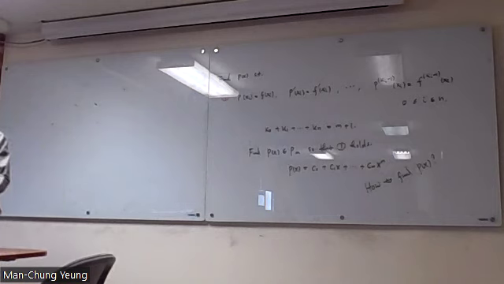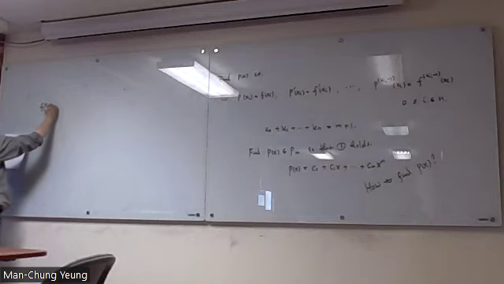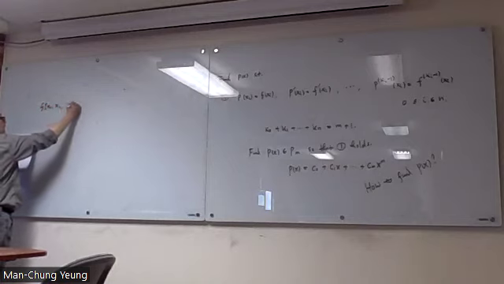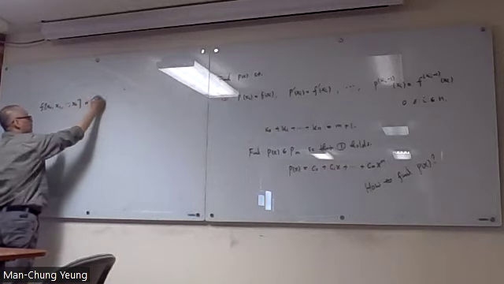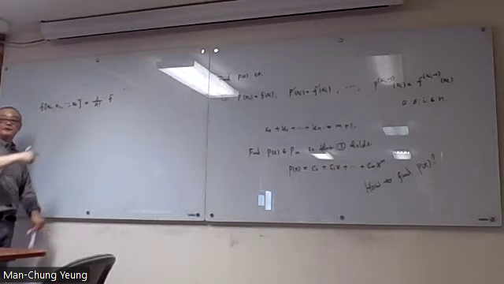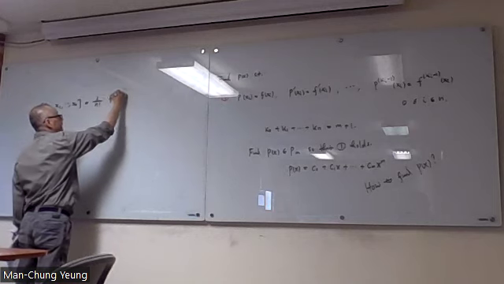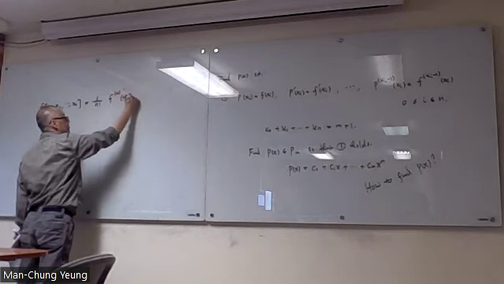From the last class, properties about divided difference. One property says: the divided difference f[x0, x1, ..., xn] is equal to 1 over n factorial times f, take the derivative n times, evaluated at some point psi.